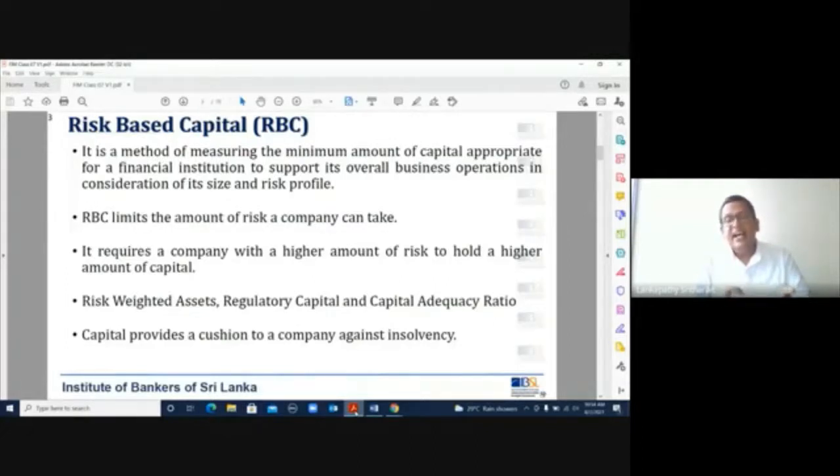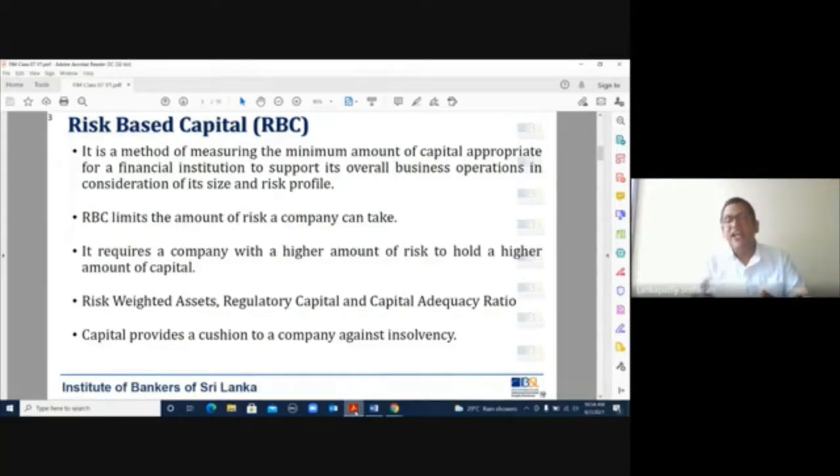Then they introduced the Basel II document, which included some additional features to the risk weights, and based on that they requested some capital adequacy ratio. And currently they have introduced Basel III, about 5-6 years ago.